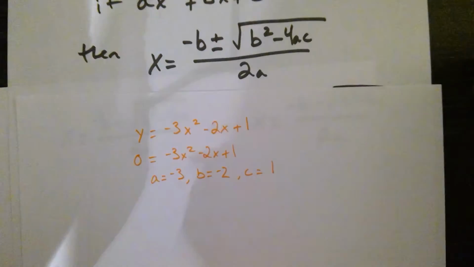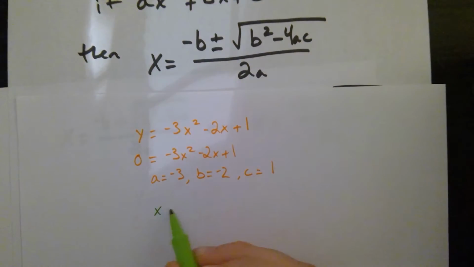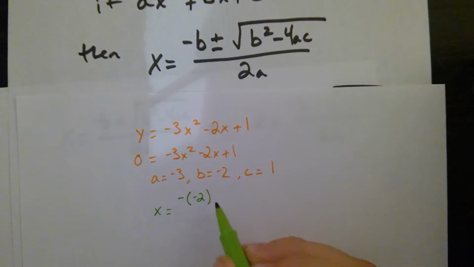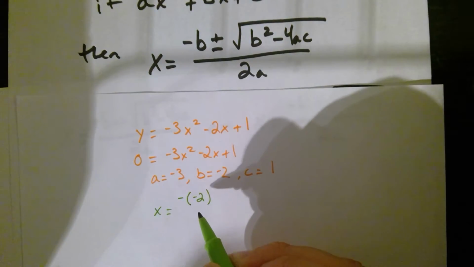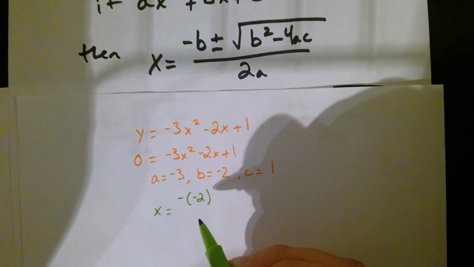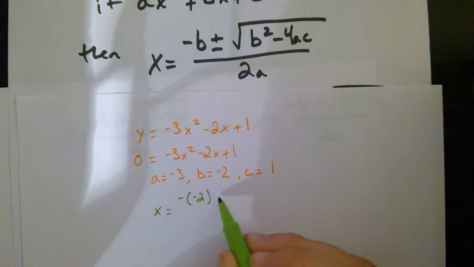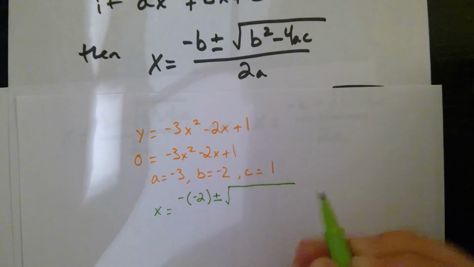So, I'm going to change colors. I'm going to do just one equation this time. So we have x equals negative B. Now notice how I'm using those parentheses. This is why we have to use parentheses. If I had $1 for every time this was messed up, I could retire yesterday. Okay? Now, we have negative times negative 2 plus or minus square root b squared.